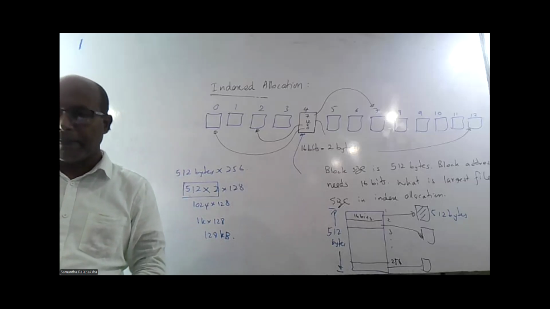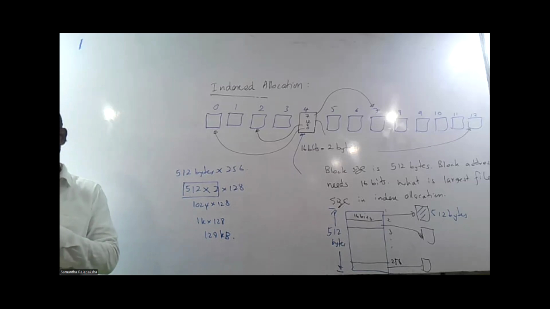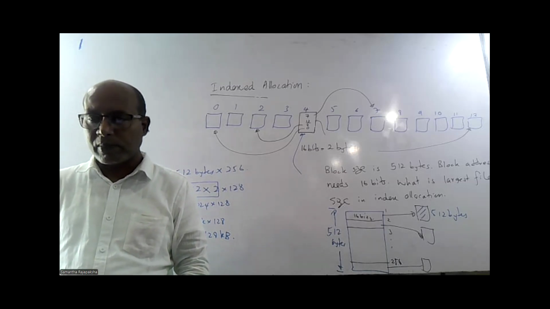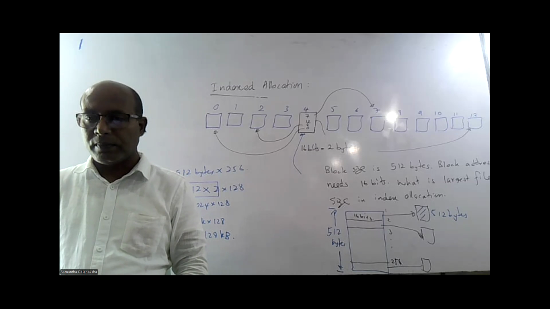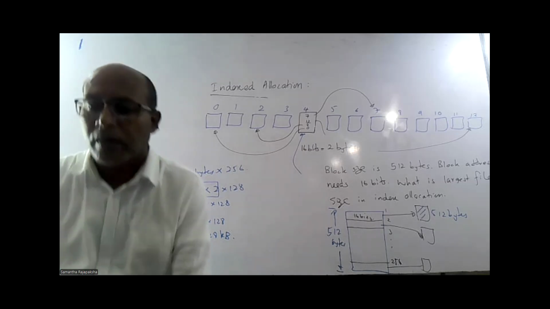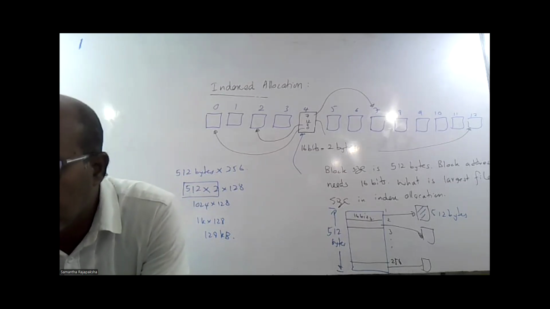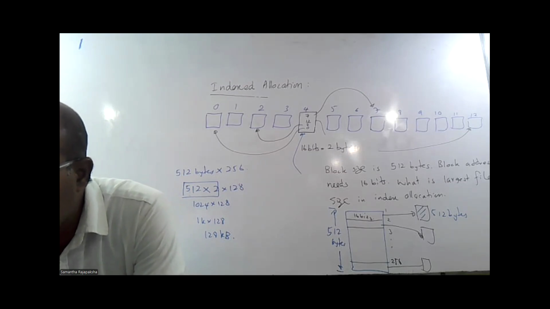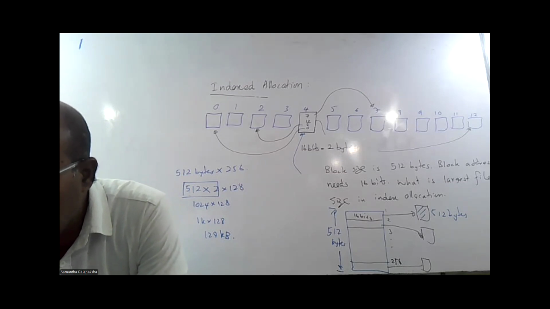Okay, sir. Those are the three methods: contiguous, linked, index allocation. Is it clear? Okay, now let's see some questions in the papers. As I told you, this is not a difficult one actually, an easy lesson.